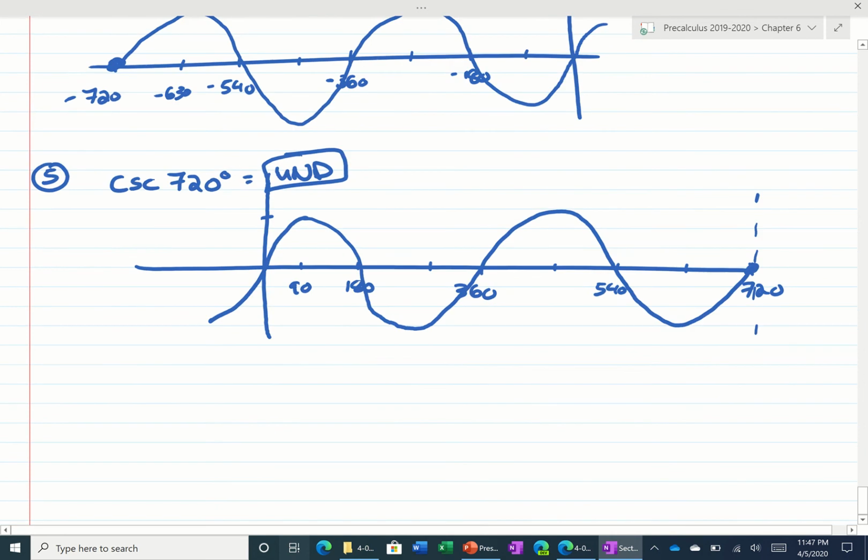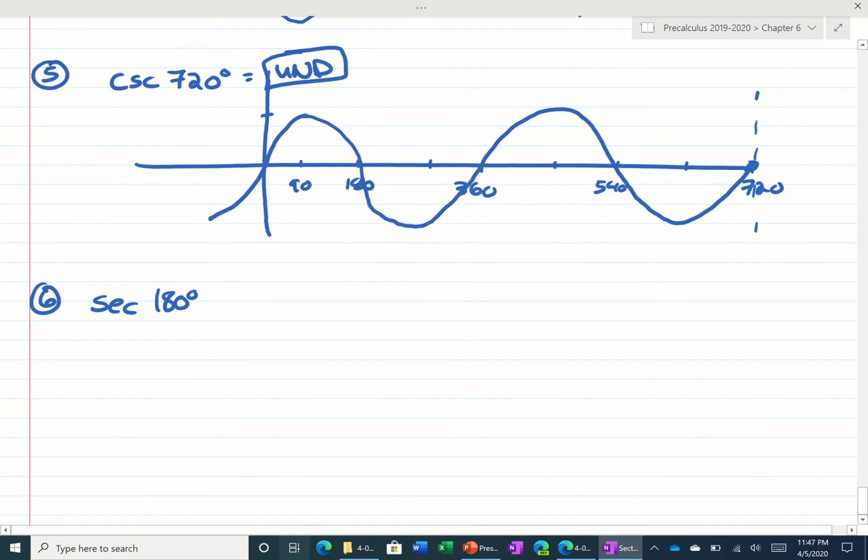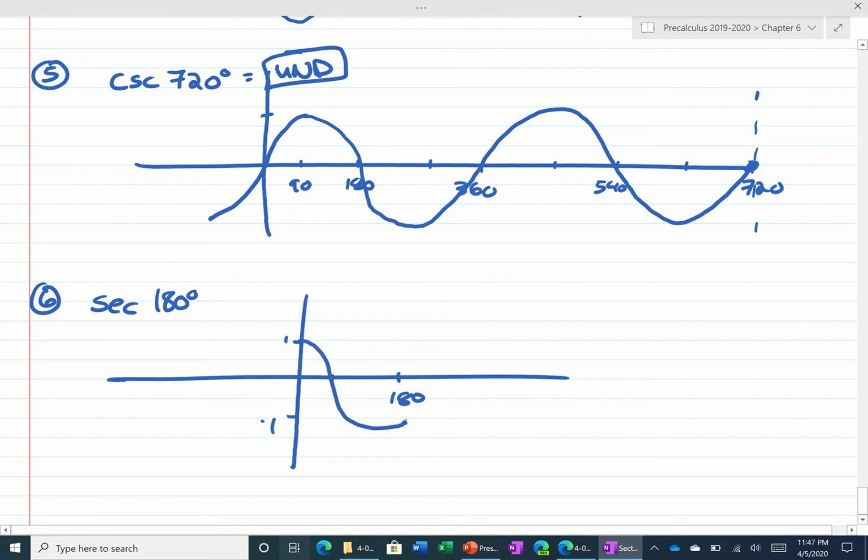Do one more, maybe number 6. Number 6 says, what's the secant of 180? Well, secant's the reciprocal of cosine. So let's draw the graph of cosine. Cosine starts at 1, then it goes 0, negative 1. Then it comes back up, right?